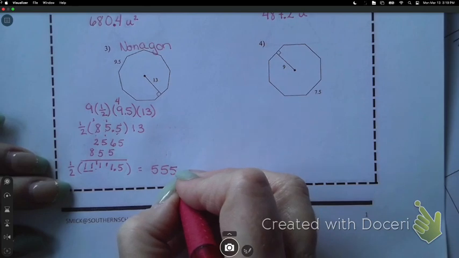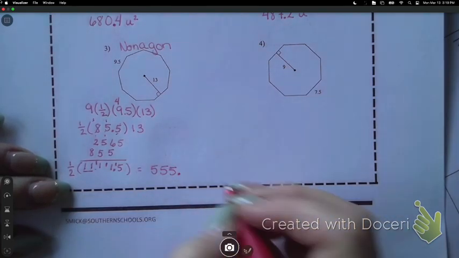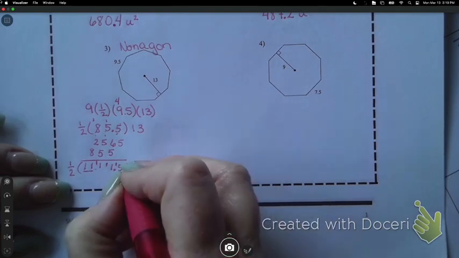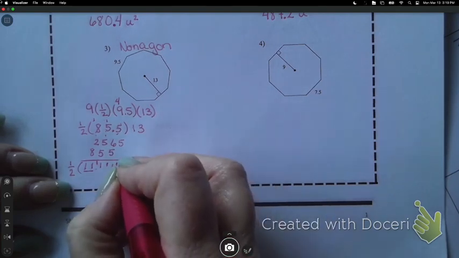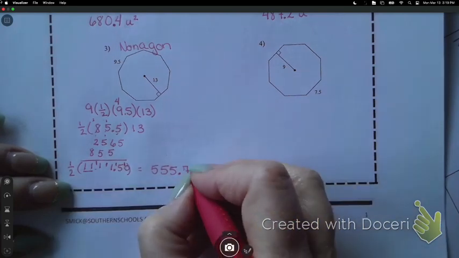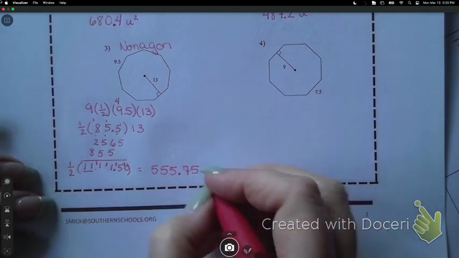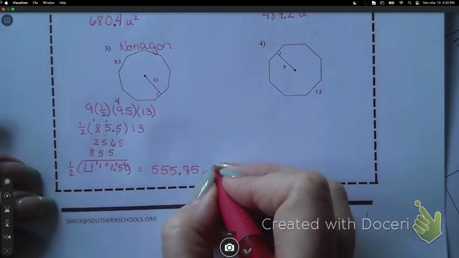Then point. Then we have 15. 7, but I've got a leftover, don't I? So I have to add a 0 and a 1. So 2 goes into 10 how many times? 5. So it's 555.75 units squared.